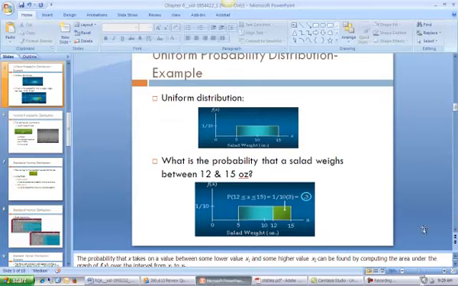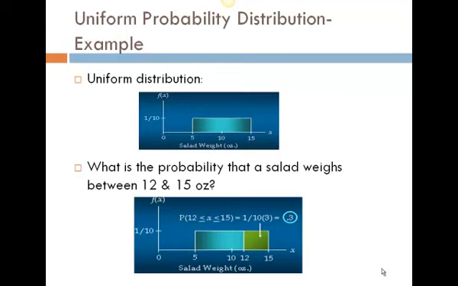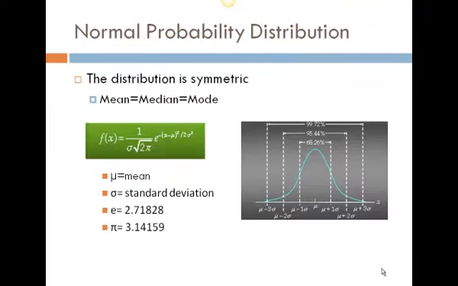Okay, so now moving on to normal probability. Normal probability distribution is assumed to be symmetric. Mean equals median equals mode. If we're following a normal distribution, we follow this classic bell curve where we are centered around the mean, and 68.26% of the observances fall within 1 standard deviation of the mean.